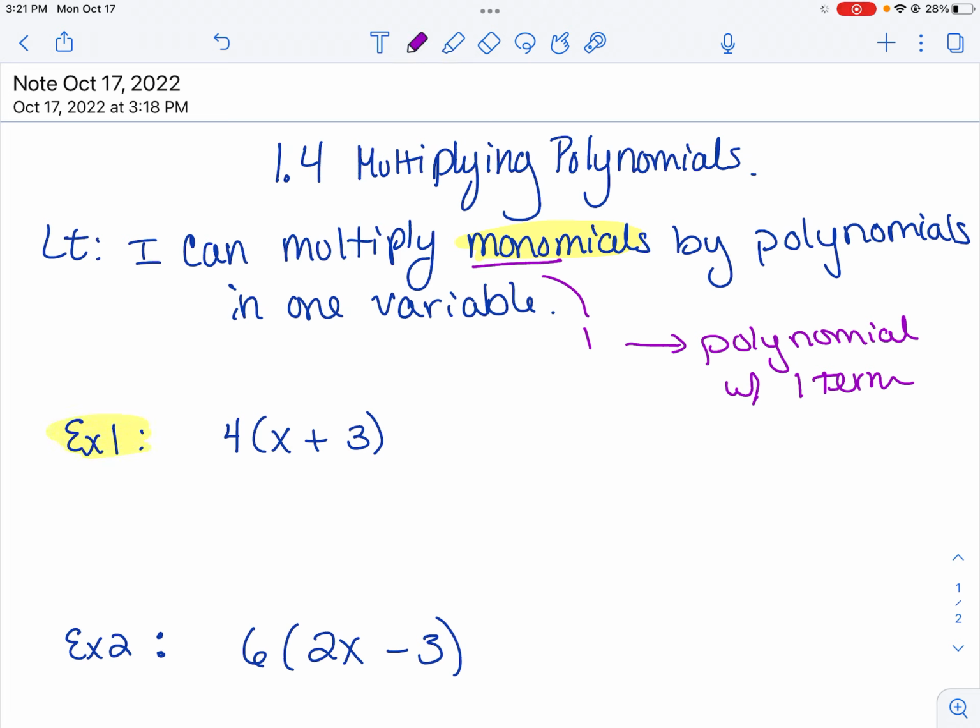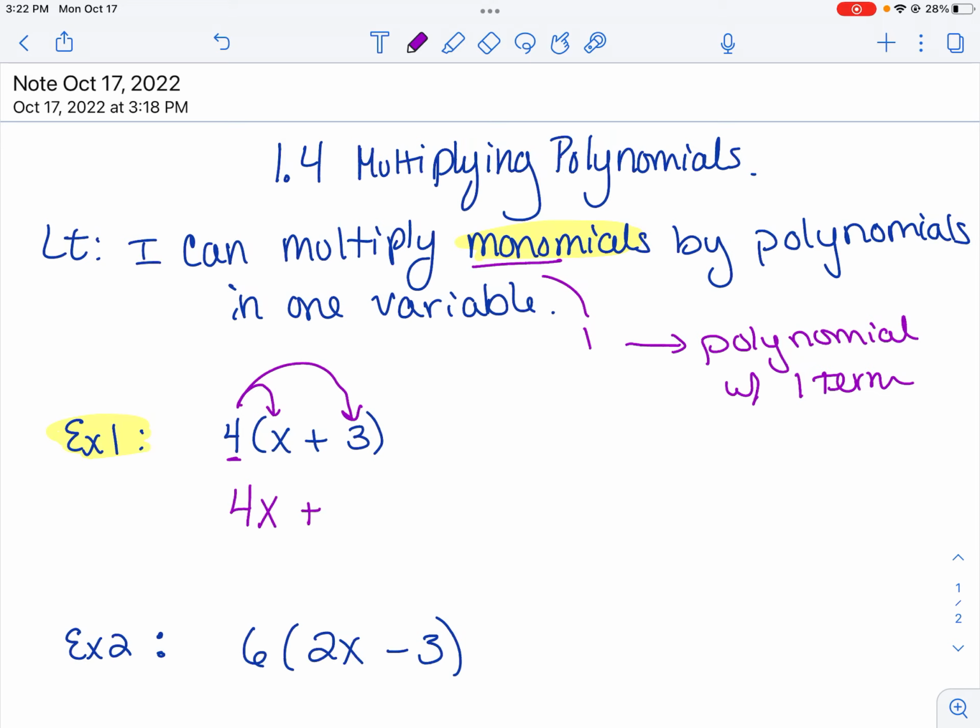All right, so in example 1, here we go. We have 4 times the quantity of x plus 3. So I'm going to distribute the 4, so 4 times x. And this 4 out front is one term. So even though it's just a constant, it's still technically a monomial. So multiplying that monomial by the polynomial in parentheses, 4 times x is 4x. And then 4 times 3 is positive 12.